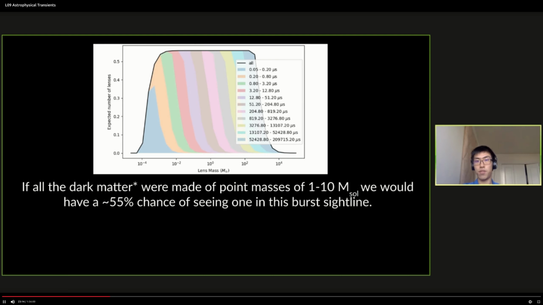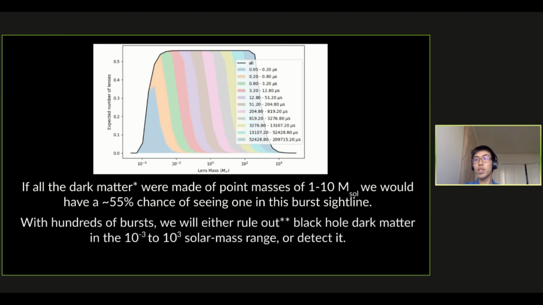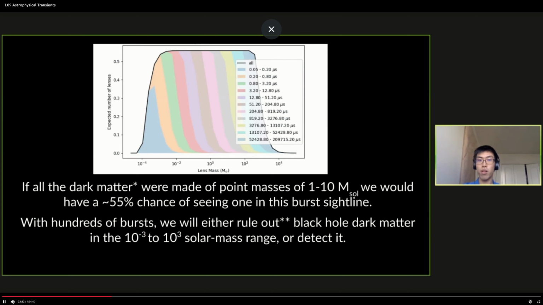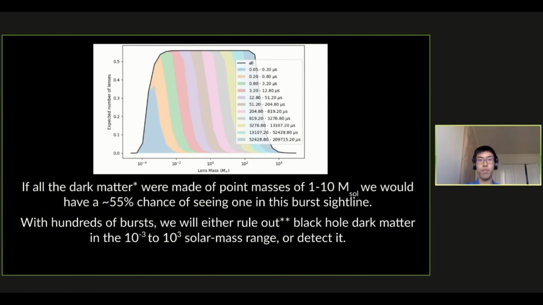You can see in the different colors of the plot that the short delay scales are what give us sensitivity to lower mass lenses, and the longer delay scales are what give sensitivity to the larger lenses out in the universe. And so with hundreds of bursts, using this technique, we will either rule out black hole dark matter over a wide range of masses or detect it.